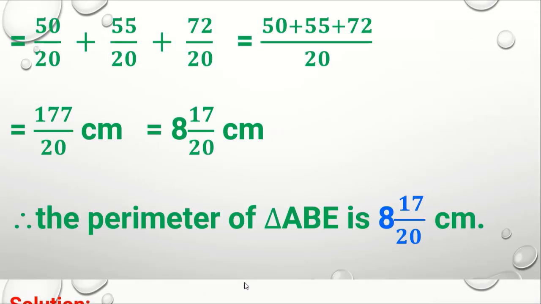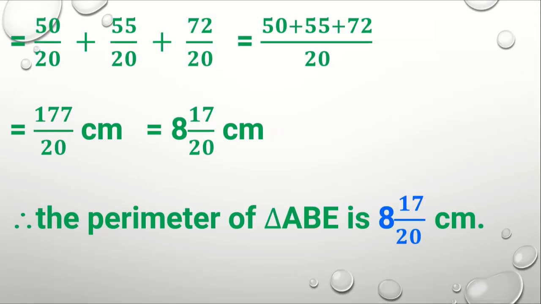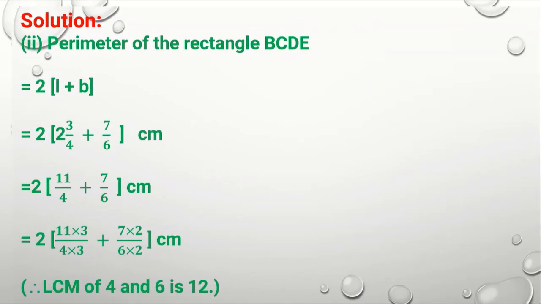Then we will make the denominators equal and then add. So 50 plus 55 plus 72 is 177 upon 20 centimeter, or we can say 8 and 17 upon 20 centimeter. So the perimeter of triangle ABE is 8 and 17 upon 20 centimeter.